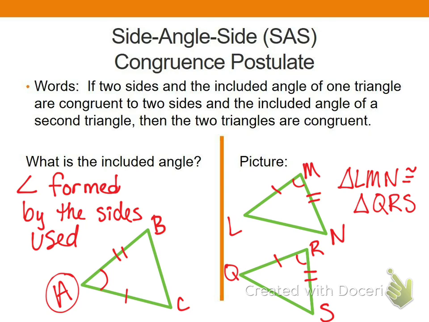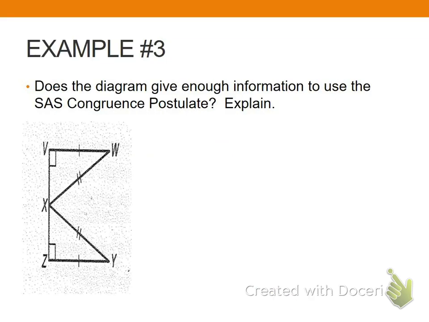Okay, questions, concerns about side angle side before we try to identify it some? Need more time on this slide? Okay, on we go. Does the diagram give enough information to use side angle side?